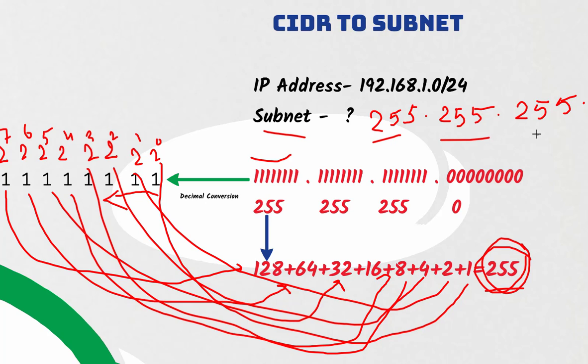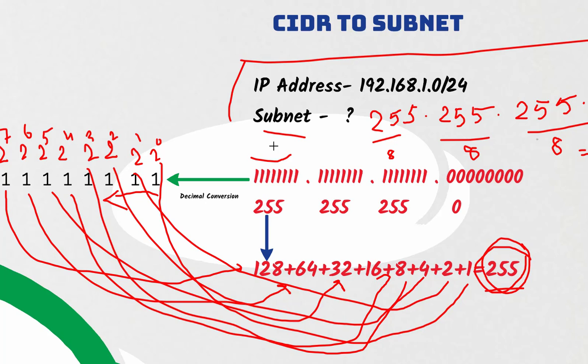This is the first octet, second octet and third octet. Three octets are totally full, so I can say it is 8, 8, 8. That means it has 24 bits. This is a simple, very easy process to calculate.